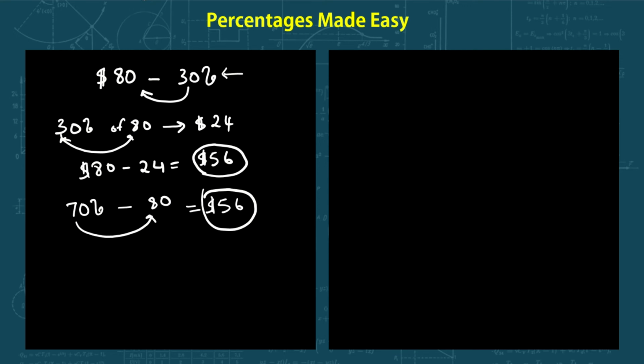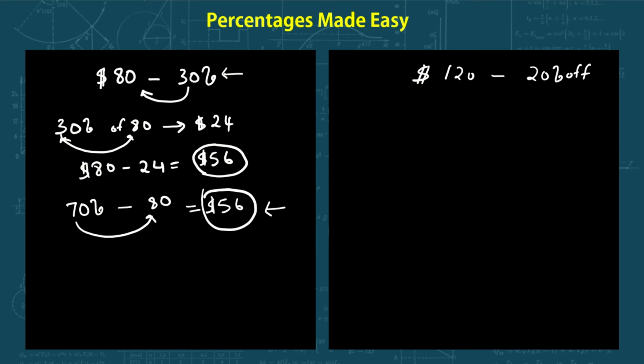Now it's your turn. The initial price of a product was $120. And you're getting 20% off. How much does the product cost? So pause the video, solve it, and then we'll do it together. Alright, so I prefer to do this method where I can directly get the cost in one step.